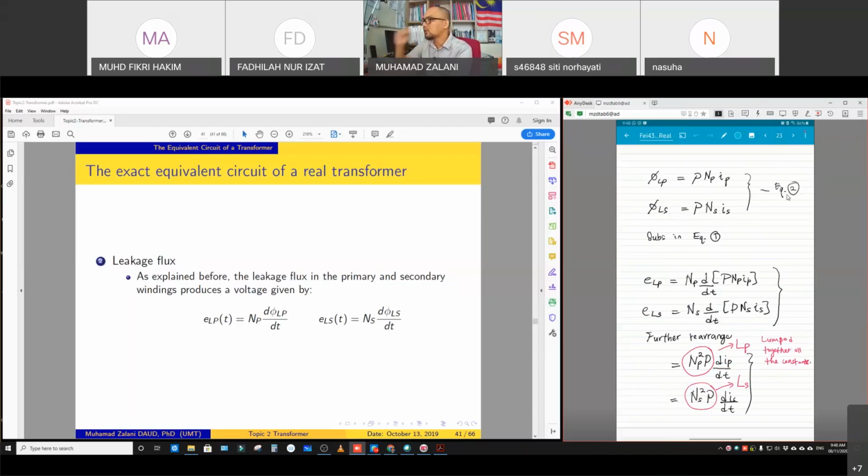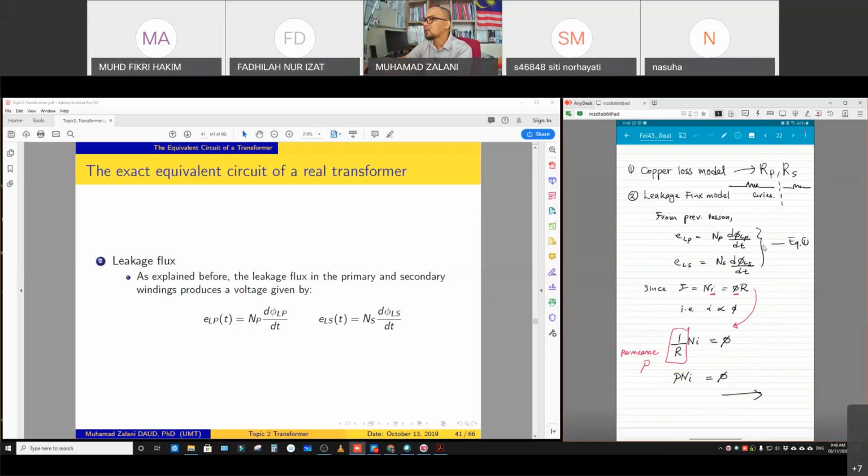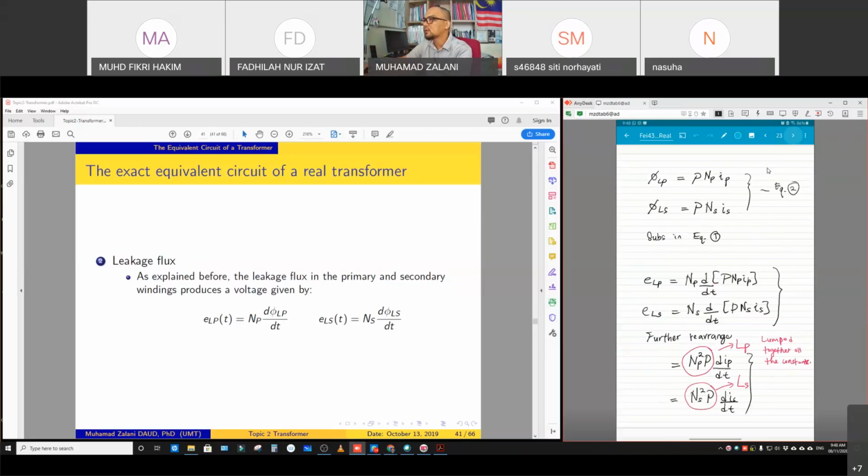Then we substitute equation 2 into equation 1. So we substitute phi LP, and we get ELP, the induced voltage due to the leakage flux at the primary. We further substitute and rearrange it.